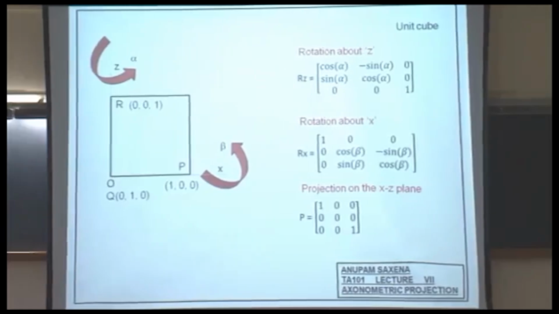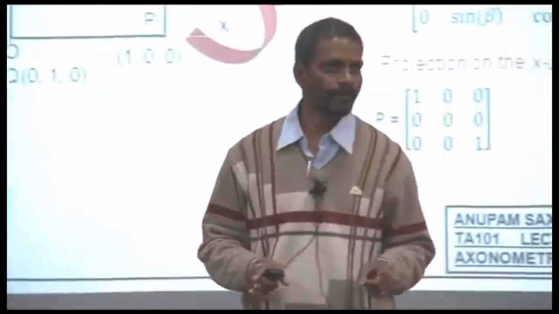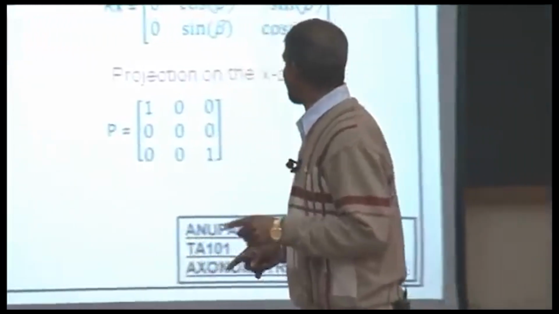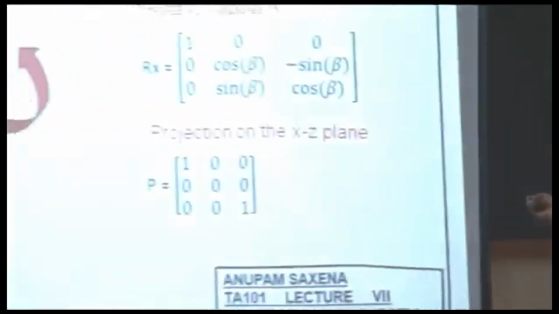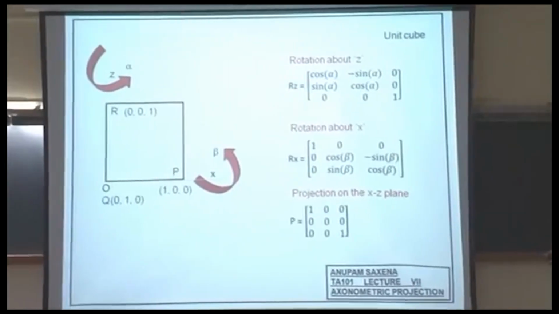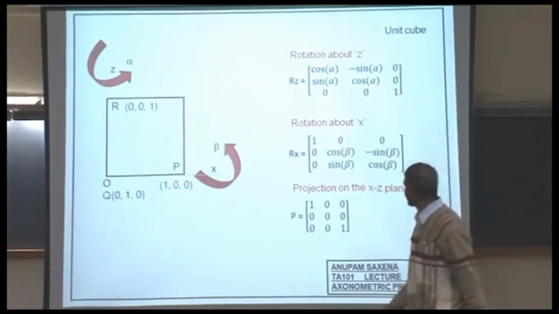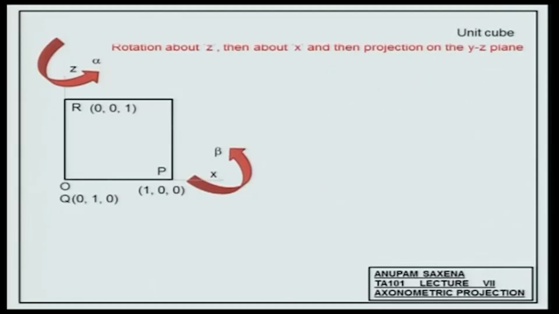When you perform transformations, you have to follow a certain order. First, you are performing rotation about the z, second you are performing rotation about the x, and third you are projecting. When you follow this order, rotation about z, then about x, and then projection on the xz plane, you will have to pre-multiply matrices.